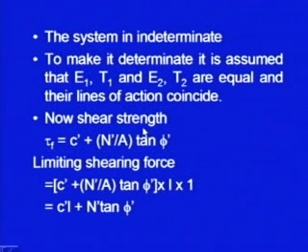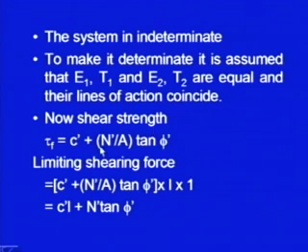Now, when we consider all these forces, the system becomes indeterminate, and to make it determinate, it is assumed that E1, T1 and E2, T2 are equal and their lines of action coincide. This is the assumption made to make it determinate.